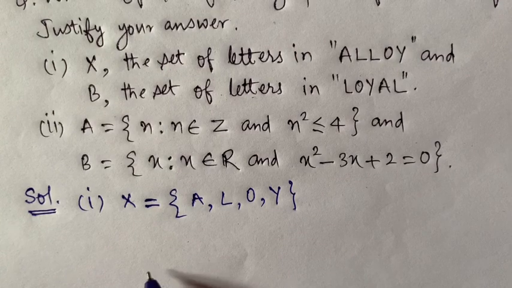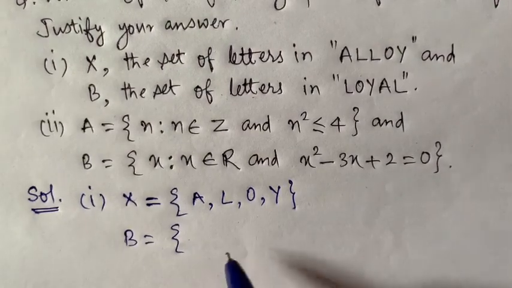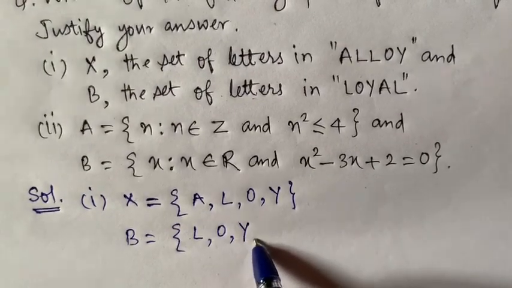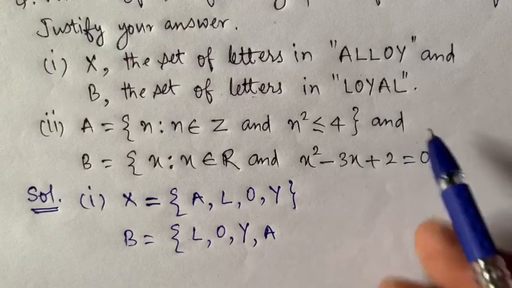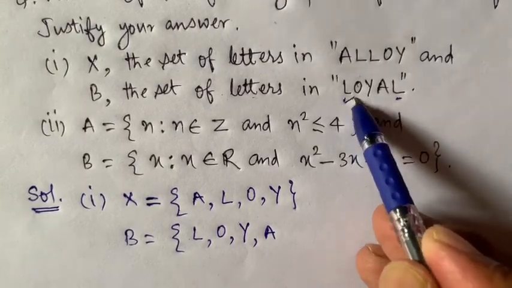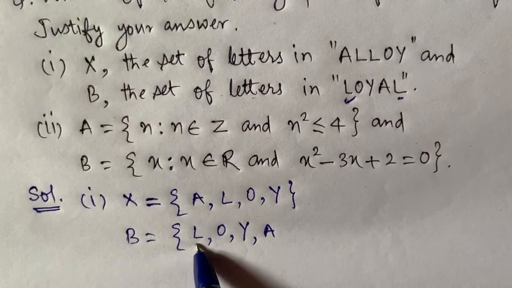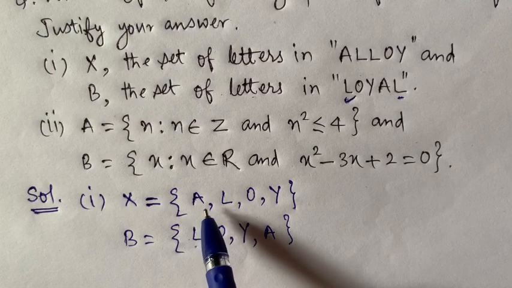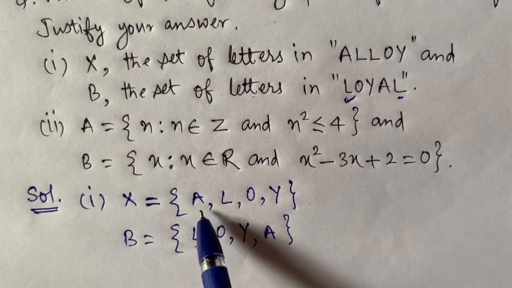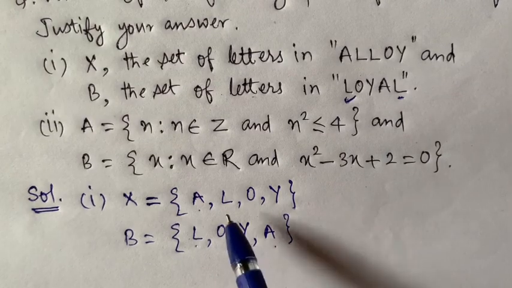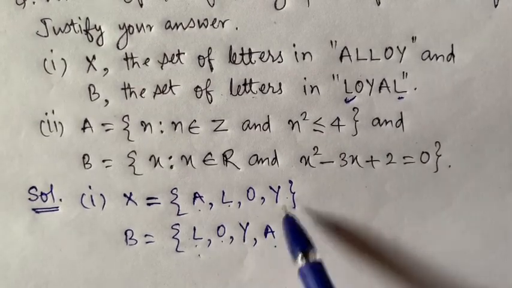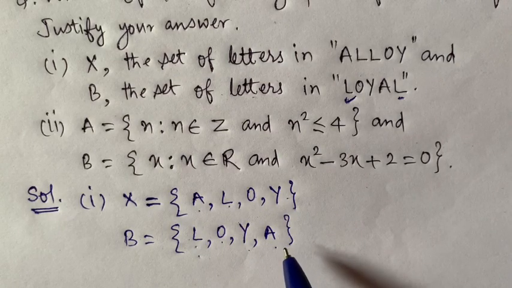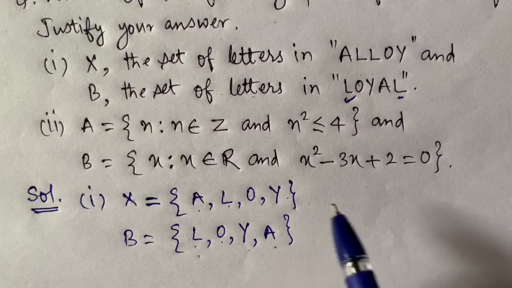Now for set B, we will have LOYAL. L will be written, O will be written, Y will be written, and A will be written. Again, this L will not be counted as we have written this L before here. So now we will see both of them. We will consider each element one by one. A is there, L is there, O is there, Y is there, and no element from here or from here is such that it does not belong to the other.